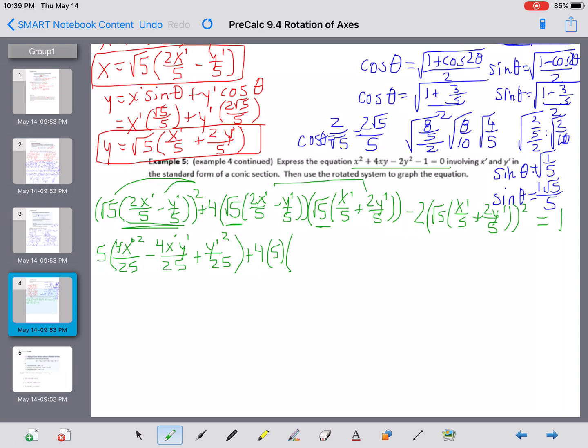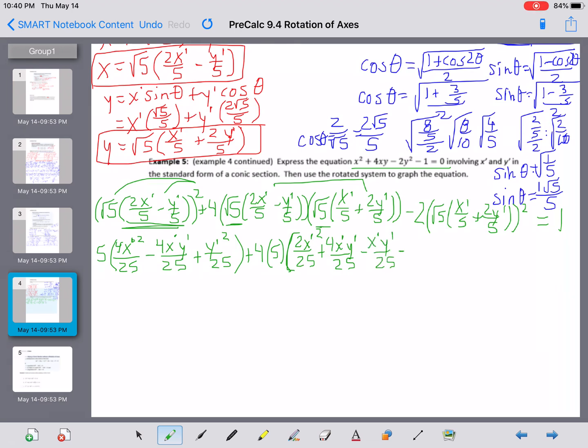First, 2x prime over 5 times x prime over 5 is going to give 2x prime squared over 25. Outsides are going to give me a positive 4x prime y prime over 25. Insides are going to make a negative x prime y prime over 25. And the last two are going to make a negative 2y prime squared over 25.